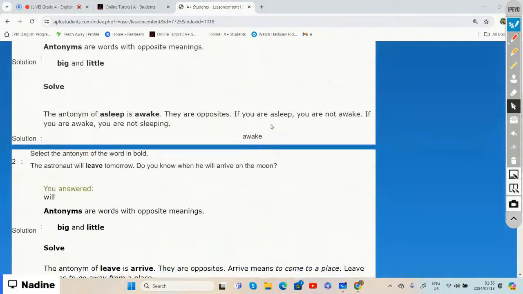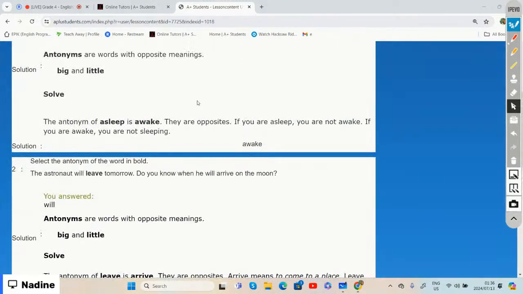To leave. If you leave, what is the opposite of leave? It says the astronauts will leave tomorrow. Do you know when it will arrive on the moon? And we need to find the opposite of leave.